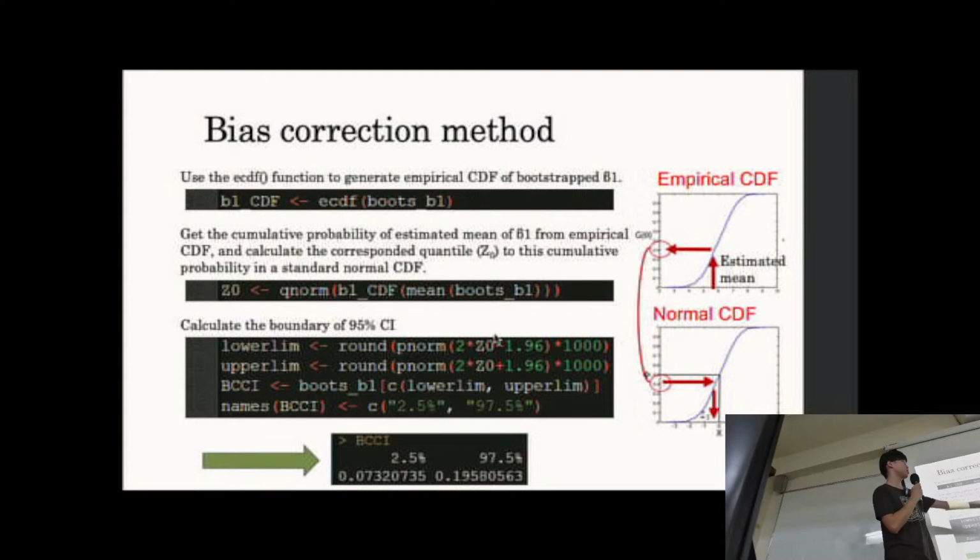I used the estimated mean to calculate the Z0, but it should use the mean of the real data. The regression coefficient of the real data should be the beta 1 of the real data.